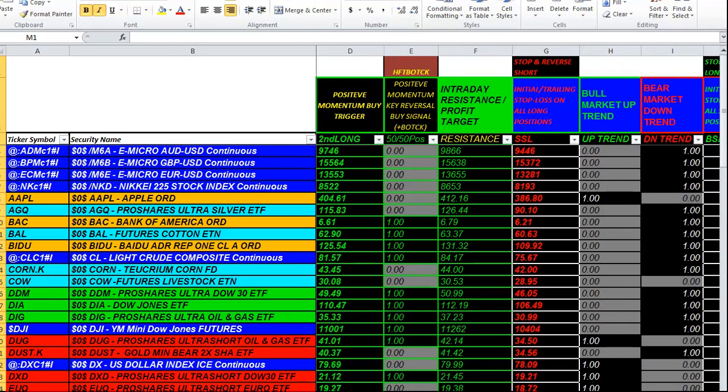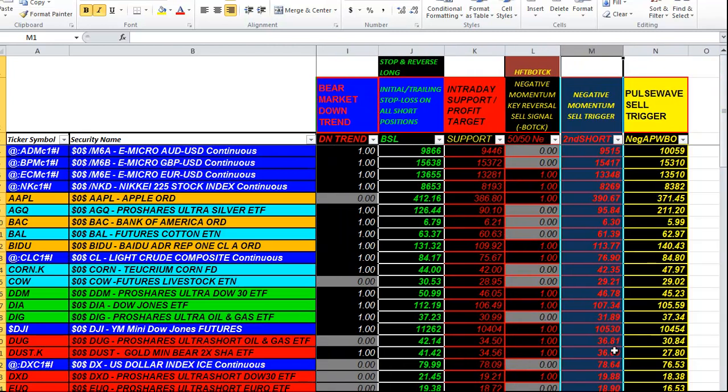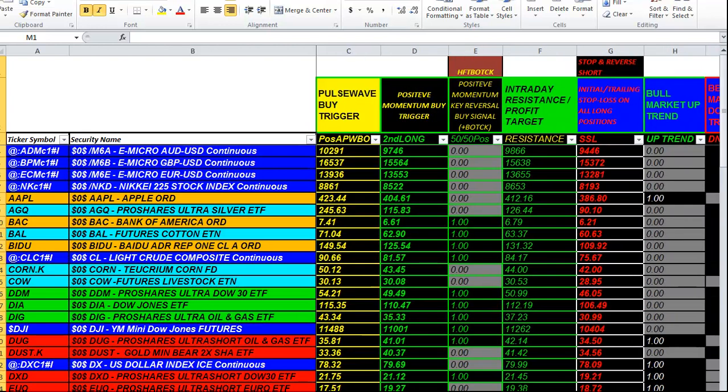In the Australian dollar, using an example, you would buy it at 97.46 and put your stop here at 95.15. And then you're going to put another ticket in to sell short at 95.15 and put your stop at 97.46. That way, whichever one is triggered first will put you in the market. And if you're stopped out, the system will automatically stop and reverse you into the other order.